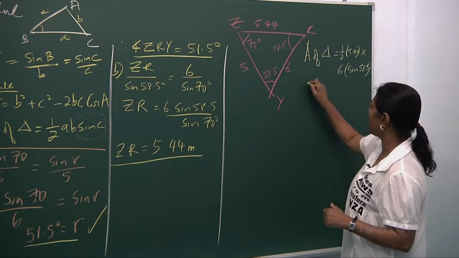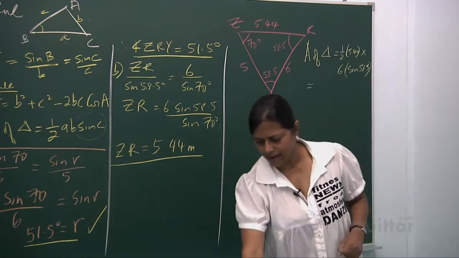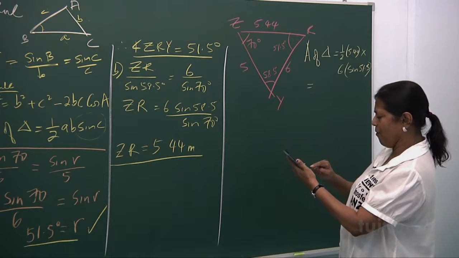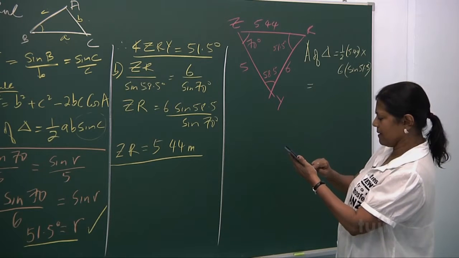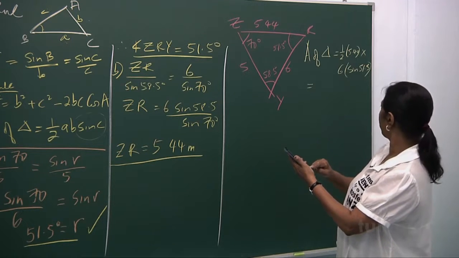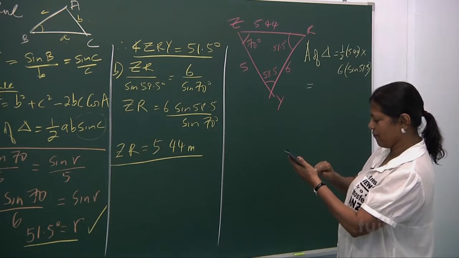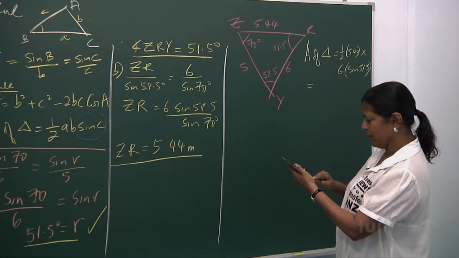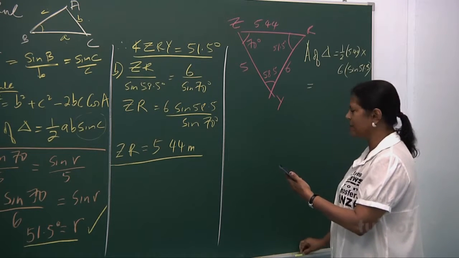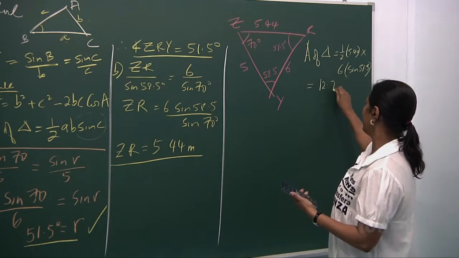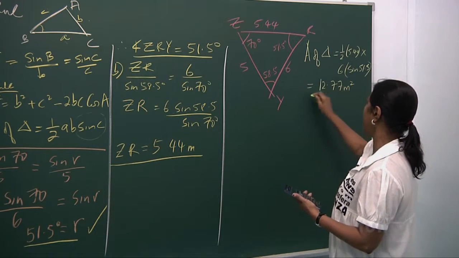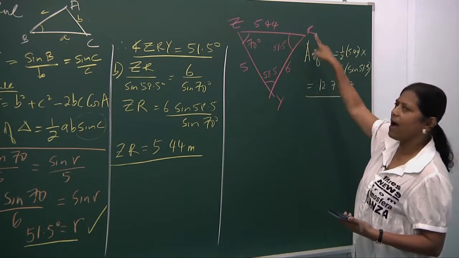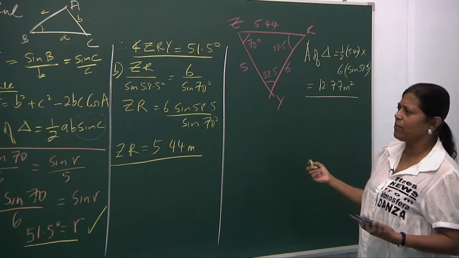All these you're multiplying. Test it for me. 5.44 times 6 times sine 51.5, answer divided by 2, and you get 12.77. Now, this answer is all in meters squared. That's the area of triangle YRZ. But I just want to be a little more curious.